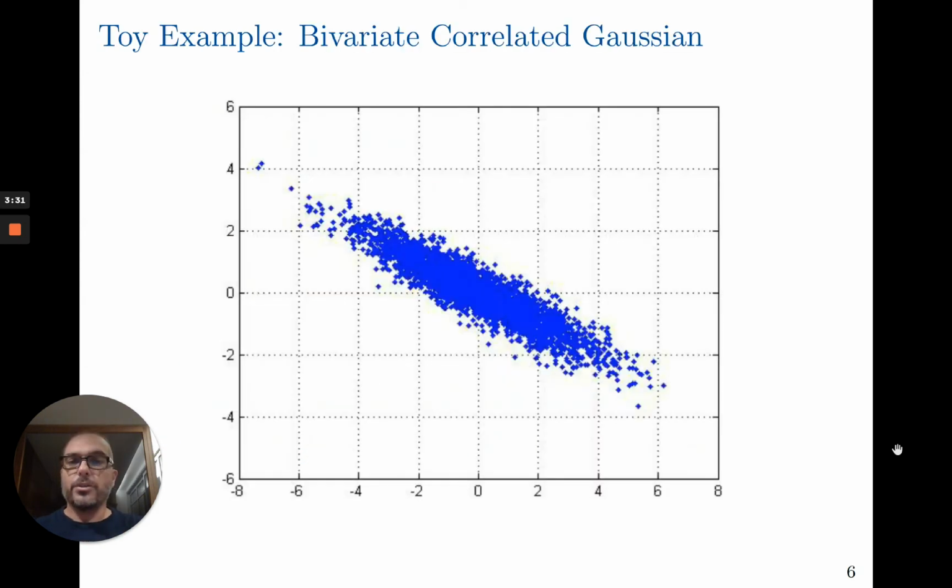Okay? So let's take a two-dimensional case. We have a bivariate correlated Gaussian, so it's highly correlated. As you can see here, we have a line, a kind of regression line if you want, showing the correlation between these two variables, right?